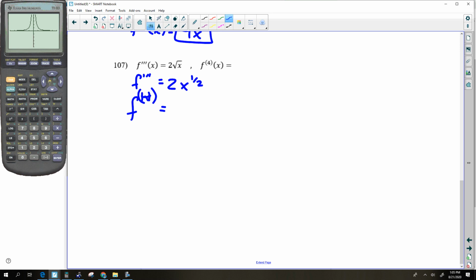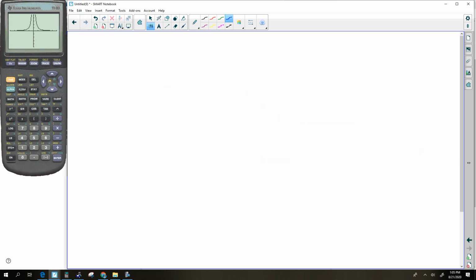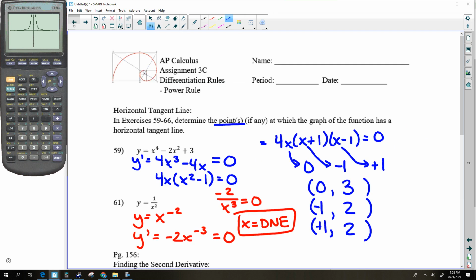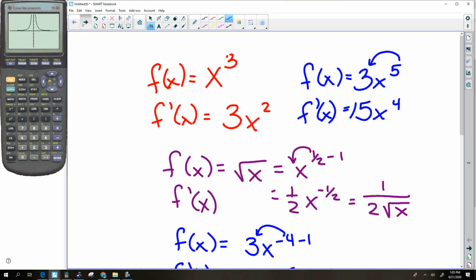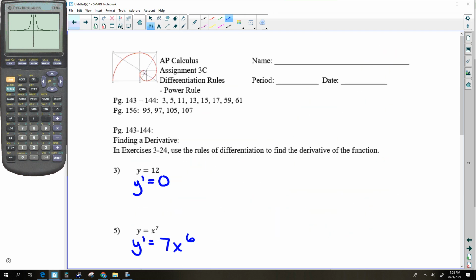It would be 1/2 times 2 is 1, and then minus 1 from that exponent, so that's negative 1/2. So this is something like that. Again, I'm not exactly sure which answer they want, but that is the fourth derivative. Is that it? Man, it's easier than I thought. I thought this was going to be a long, tough one.